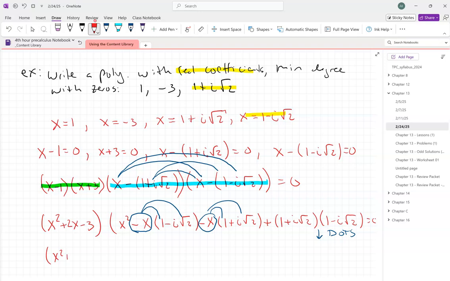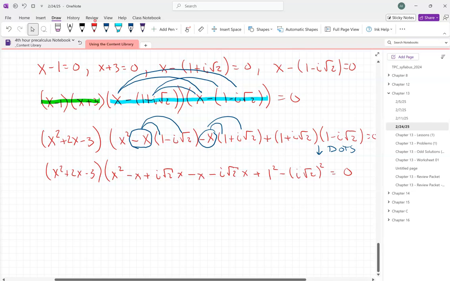All right, so what do we got here? Everybody okay there with my foiling? Just multiplying things out.